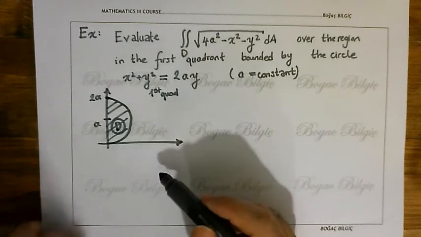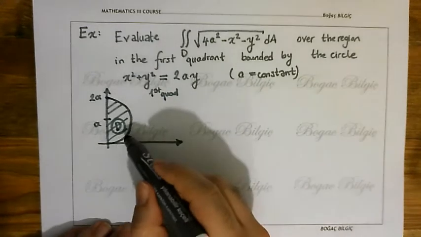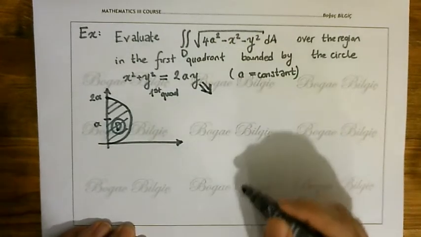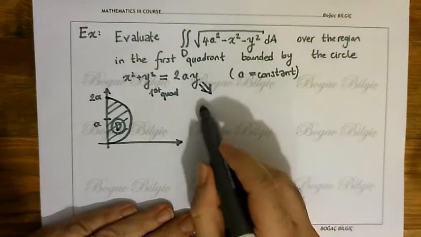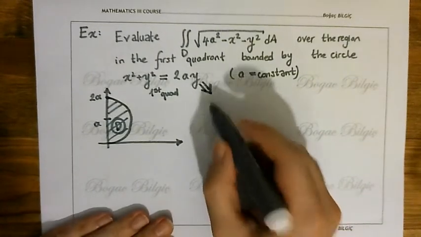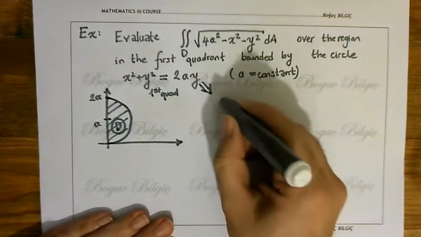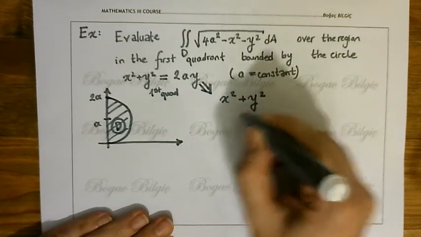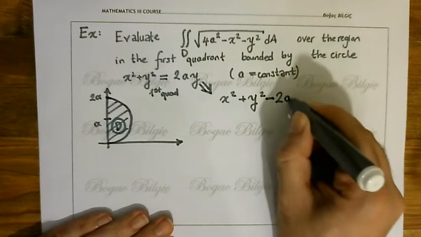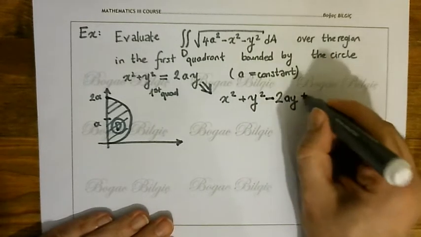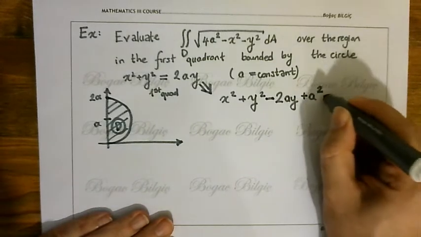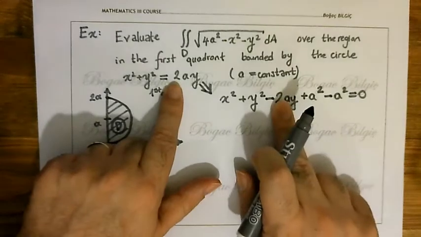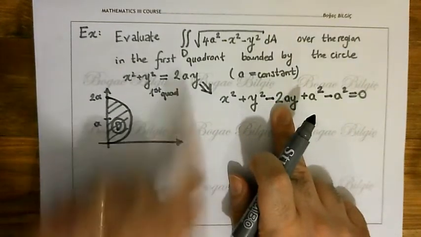If you can see the circle directly, you can do this calculation. x² + y² − 2ay + a² − a². These are the same equations.